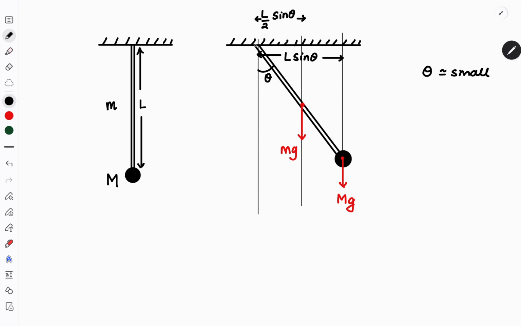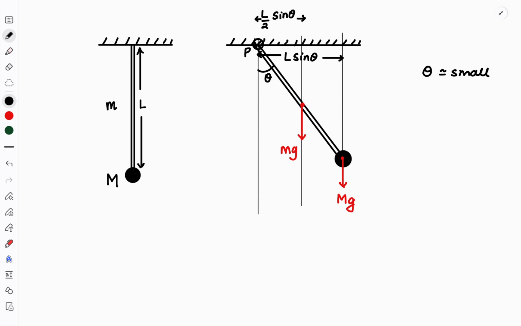So over here we can say that the total distance from the suspension point to the point where the weight is acting is L sine theta. So these distances will be useful in writing the torque equation about the point of suspension. So we have a point P as the point of suspension, and these distances L by 2 sine theta and L sine theta will be helpful in writing the torque equation about point P.